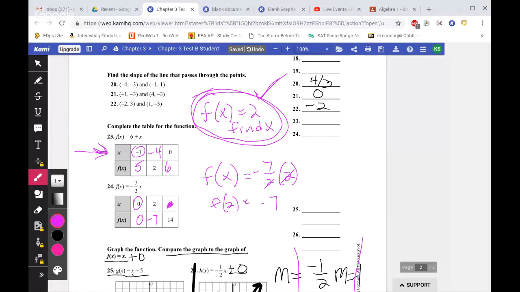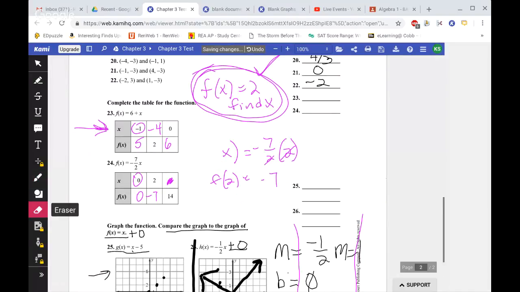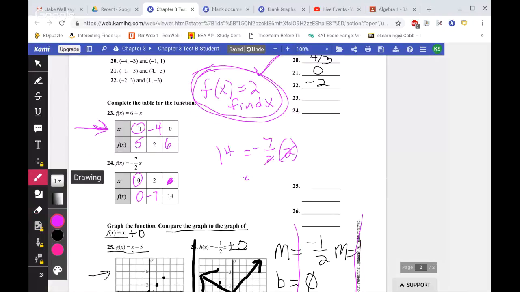And then for the last one, we have to find x when f of x is 14.